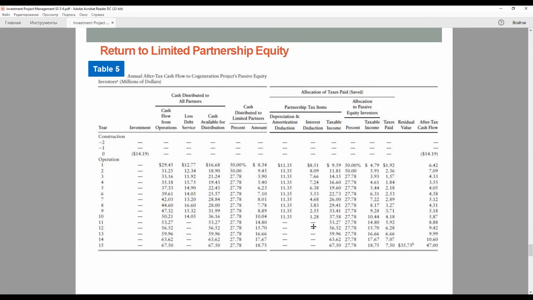This calculation assumes that the passive equity investors' share of the cogeneration project's residual value, net of related taxes, equals 35 million. In particular, it is assumed that the cogeneration company can be sold at the end of the 15th year for a price equal to 5 times the year 15 after-tax cash flow.